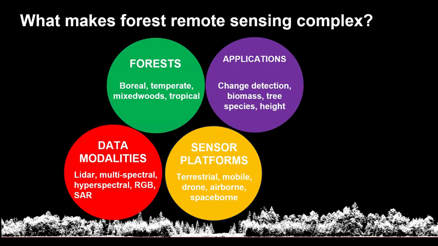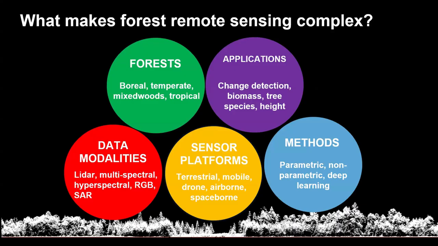We have many platforms: terrestrial, mobile, drone, airborne, spaceborne. And we have many methods. We have parametric methods like regression, non-parametric methods like random forest, which we've heard about today, and then deep learning methods, which we'll learn more about tomorrow if you're attending the workshop.